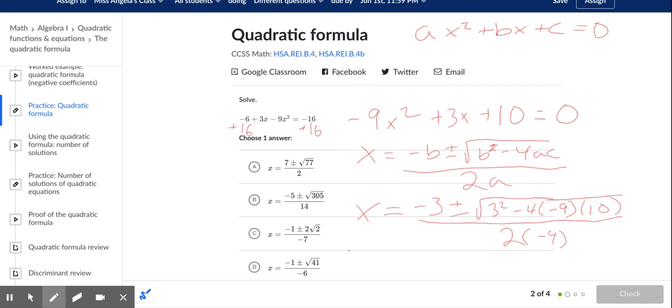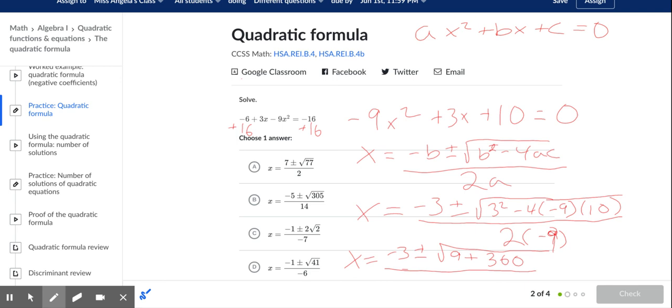So simplifying this, we get x equals negative 3 plus or minus the square root of 9 plus negative 4 times negative 9, which is positive 36, times 10 is 360, divided by 2 times negative 9. This is a 9, by the way. It looks kind of like a 4. Ugh, now it's just ugly.